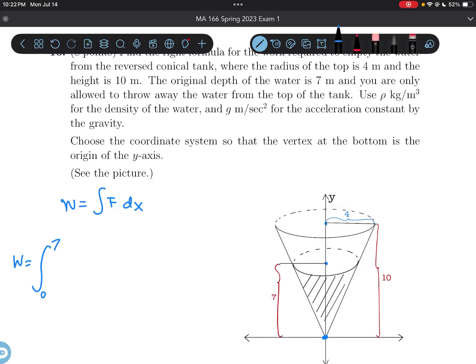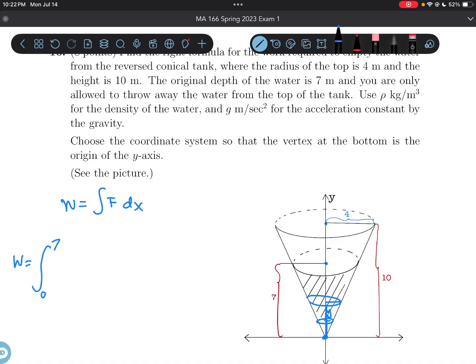So first we need to find an expression for the area of one layer of water. Alright, so suppose the height is y.